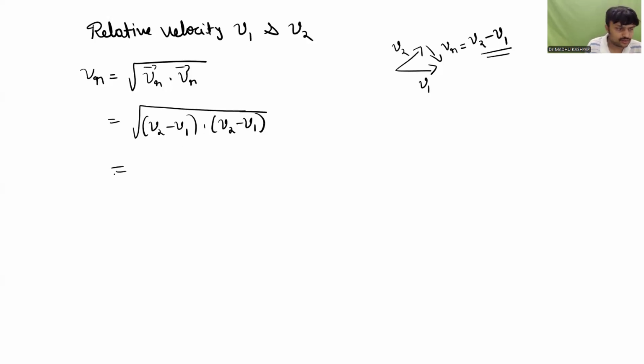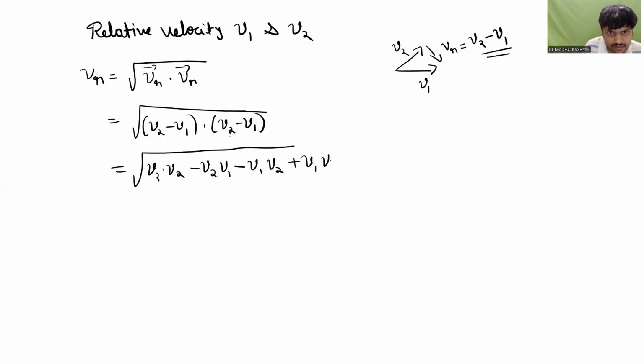Multiplying this, we get v2 dot v2 minus v2 v1 minus v1 v2 plus v1 v1.